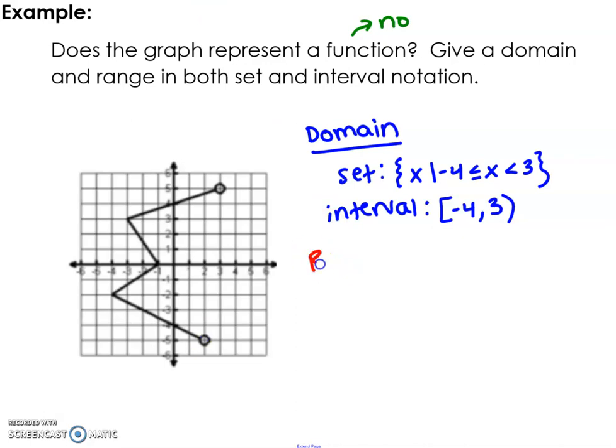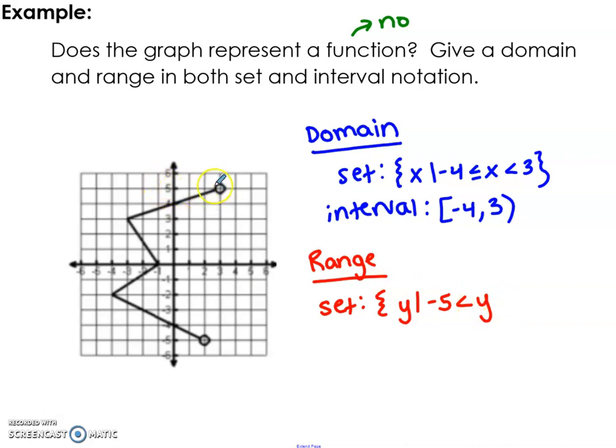Okay, and then for the range, we're going to look to see what our y's are between. We can see our lowest y is -5, our highest y is +5. So in set builder notation, we're going to say it's y such that, and then we're going to go from -5 is less than, it does not include -5 because we have that open circle, so just less than y.